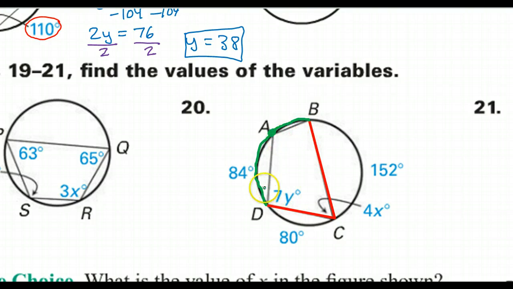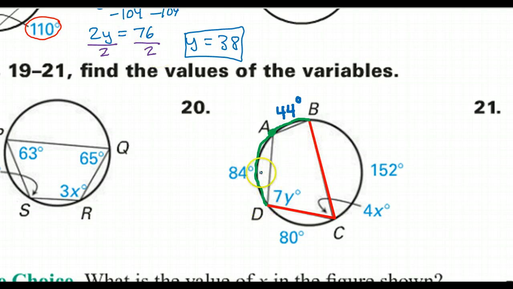If you look carefully, 84, 80, 152, we have every arc on this entire picture except for AB. So I should be able to subtract from 360. If I subtract these three numbers from 360, that should leave AB. So AB here turns out to be 44 degrees.